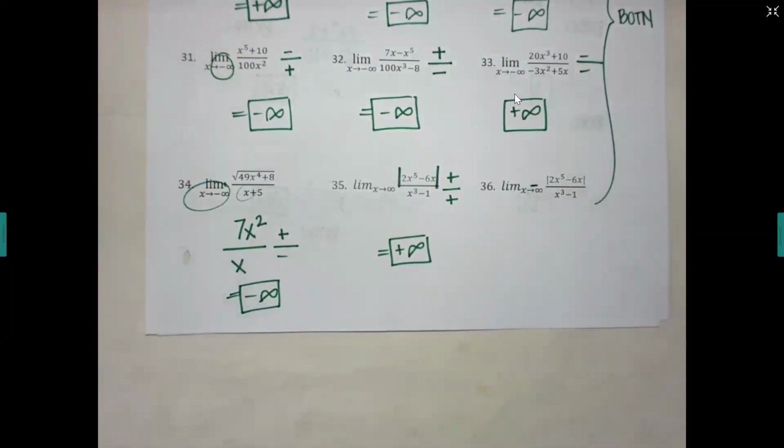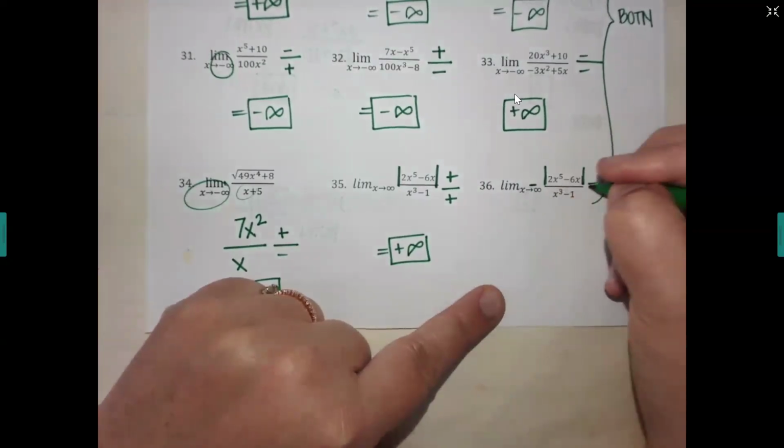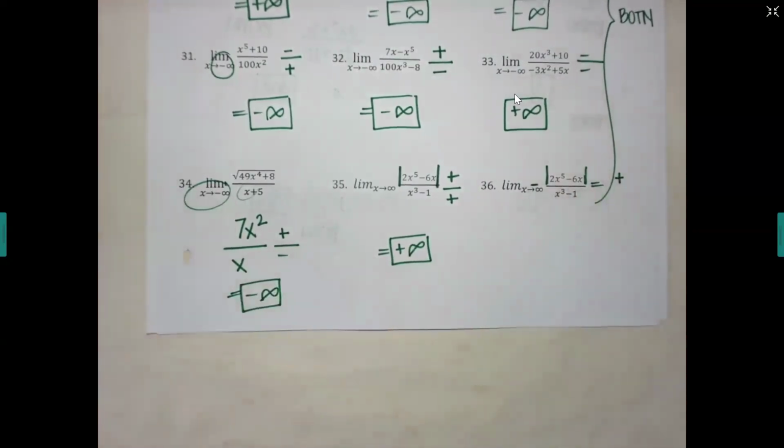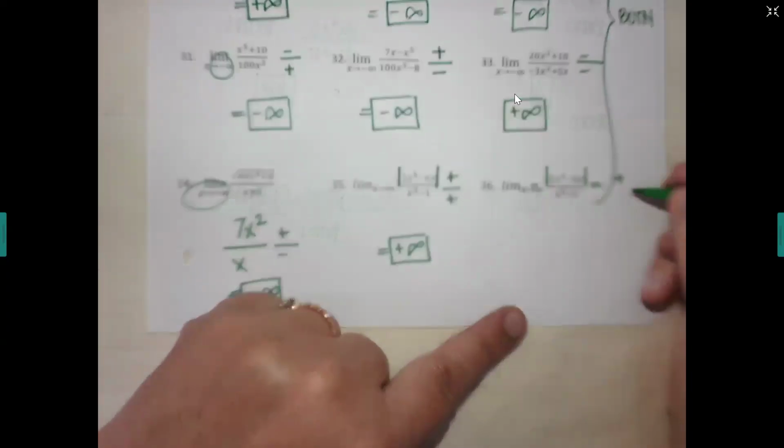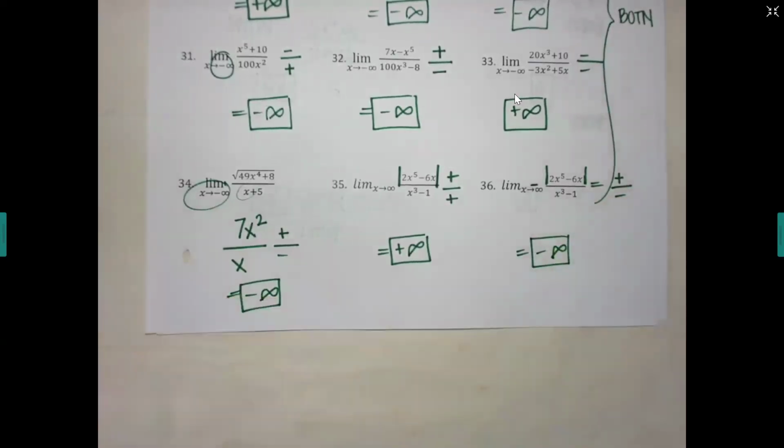Otherwise, they're the same. How's the top going to come out if I have absolute value bars? Automatic positive. But how is the bottom going to come out if I have a negative and I cube it? Negative, and a positive and a negative divide to a negative on my infinity. Does that make sense? Ish?